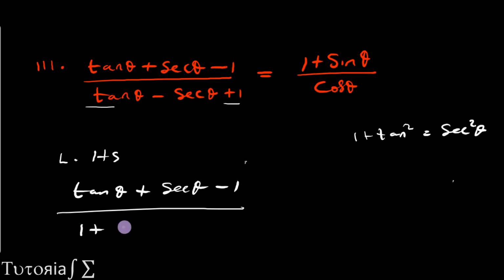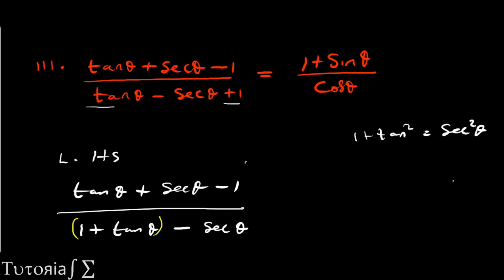So we are going to have 1 plus tan theta minus sec theta. Okay, and what we'll do here is we're going to introduce the additive inverse of this. So this will be as one group.